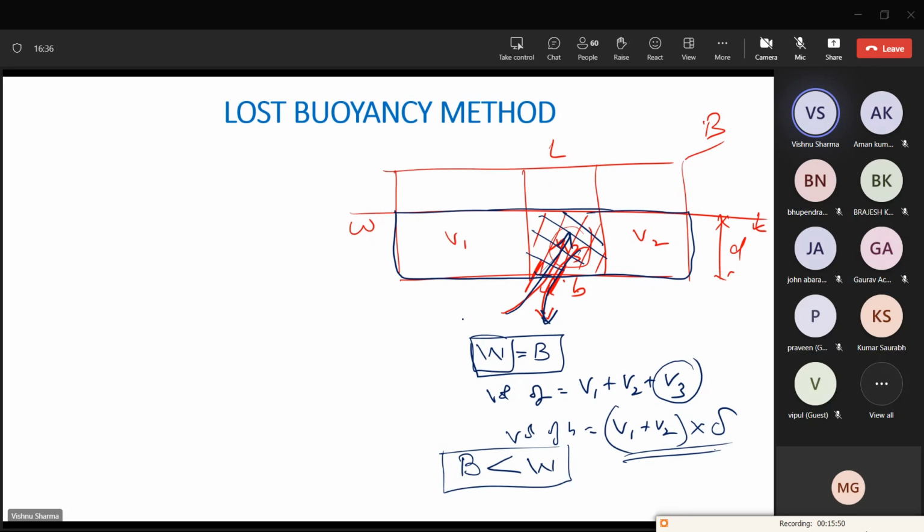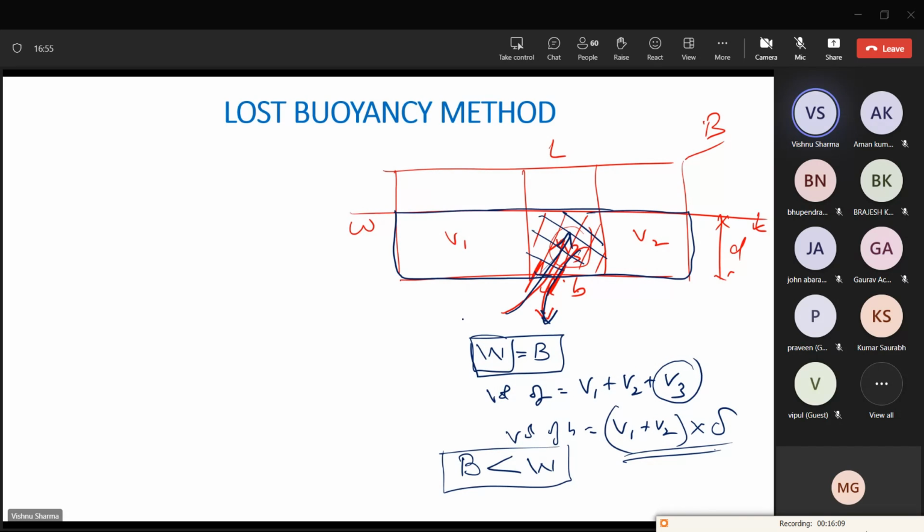But what has happened is, some of the volume which was earlier contributing to buoyancy is now lost. And therefore, my buoyancy falls short of displacement.